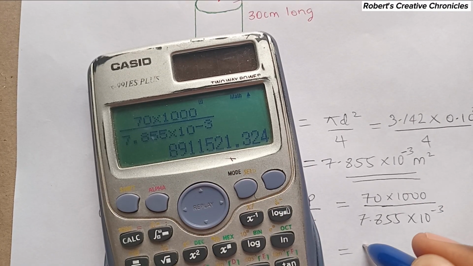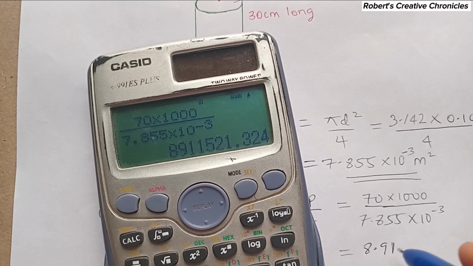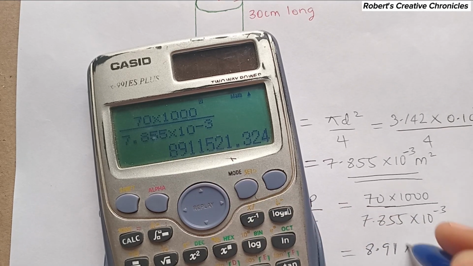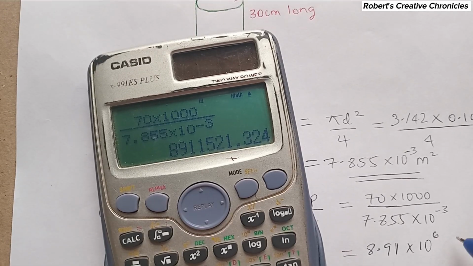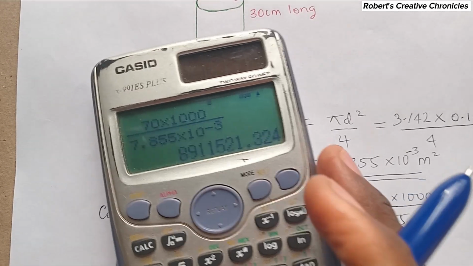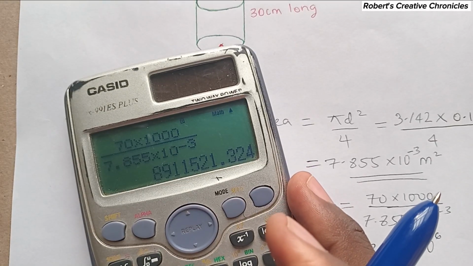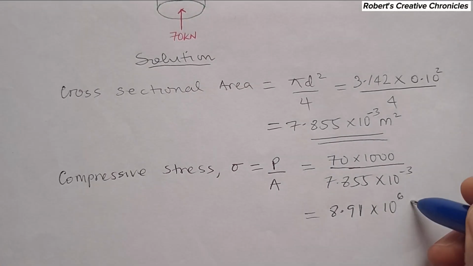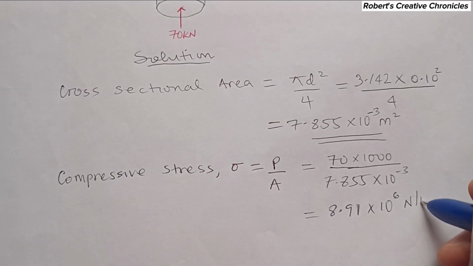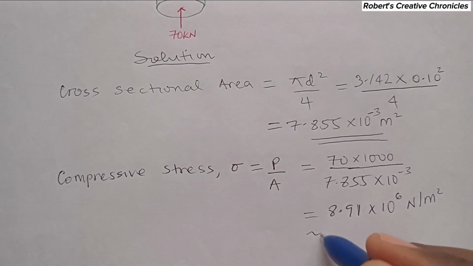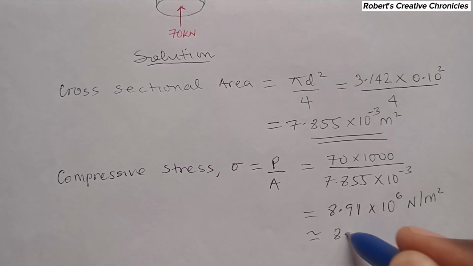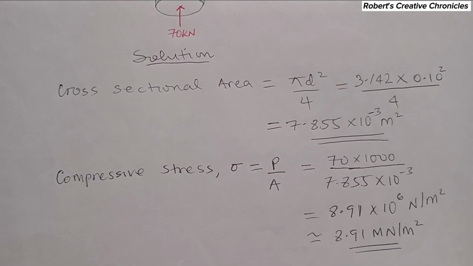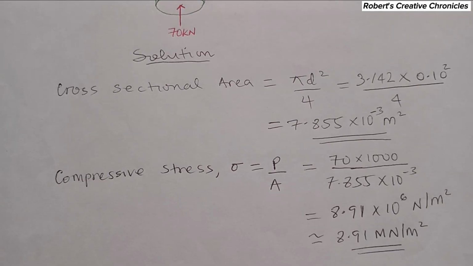So this equals 8.91, then mega is 10 raised to the power of 6, so it will be times 10 raised to the power of 6 Newton per meter square. So this can be 8.91 mega Newton per meter square. So this is the compressive stress.